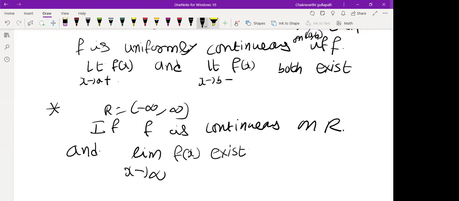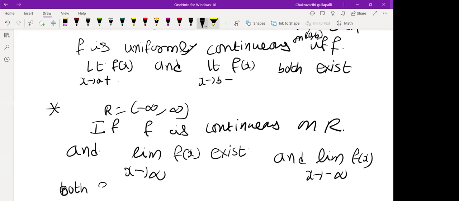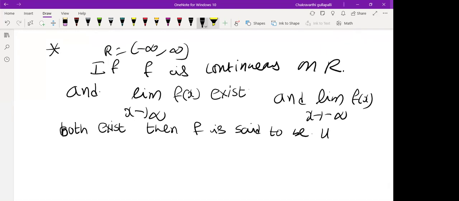And limit x approaching minus infinity, f(x) exists. Both exist. Then f is said to be uniformly continuous. f is said to be uniformly continuous on R.